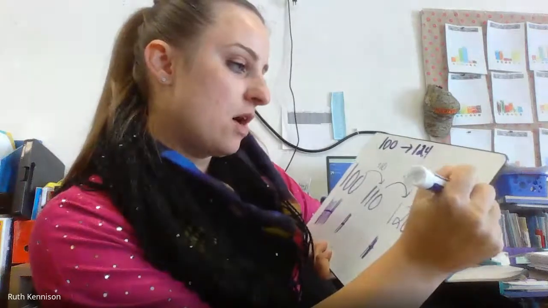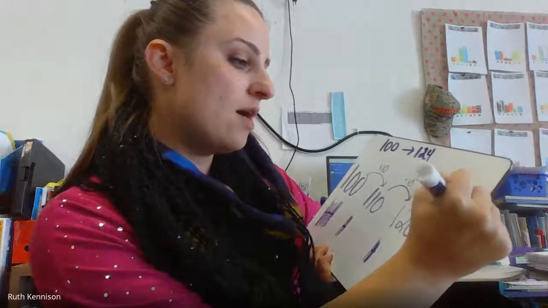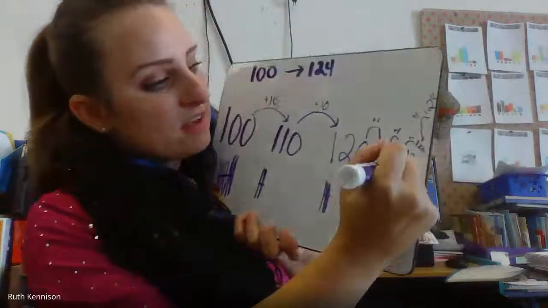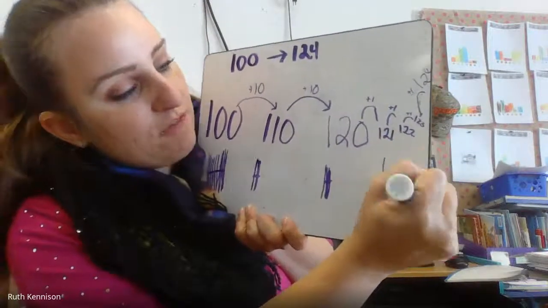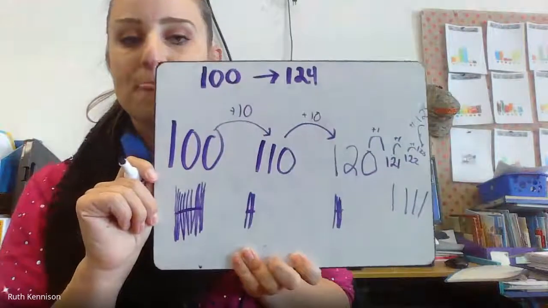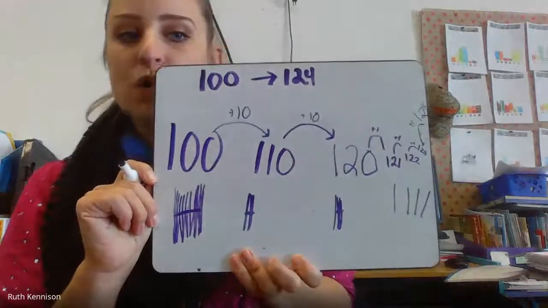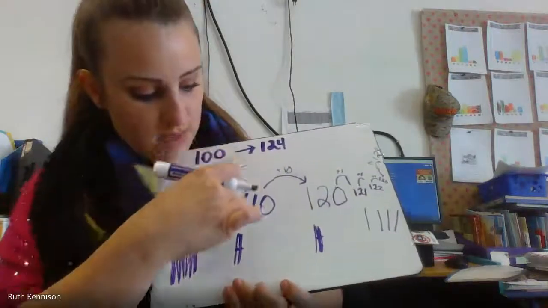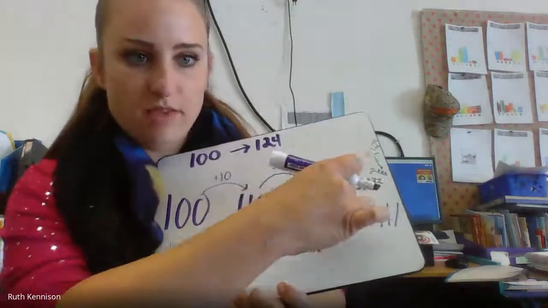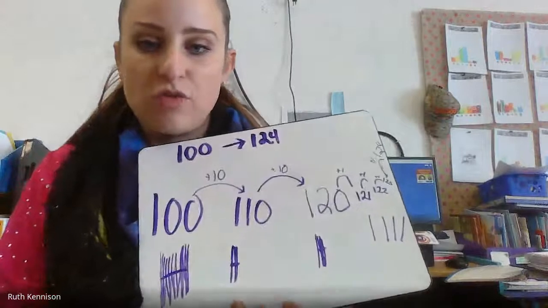And I'm going to have to make a funny little arch up here because I ran out of room because I made my number so big to start with. 124 with one more. And then these ones, if I was to draw pictures of them, it'd just be 1, 2, 3, 4 little ones. Okay, so in order to get to 124, I started with my group of 100. Then I went 10 more, and then 4 ones to get to 124.